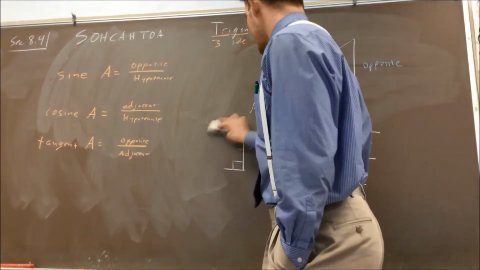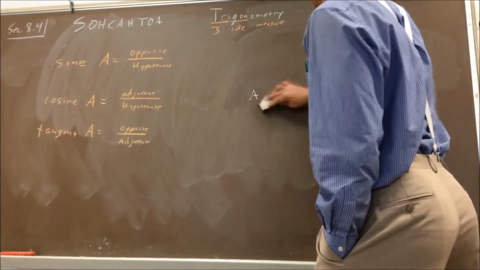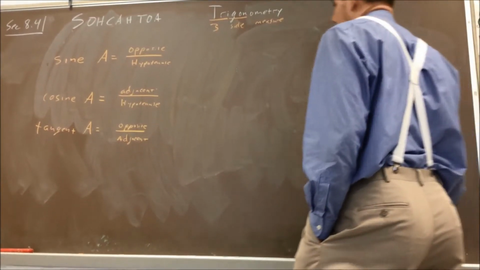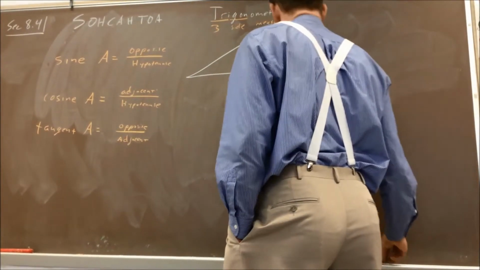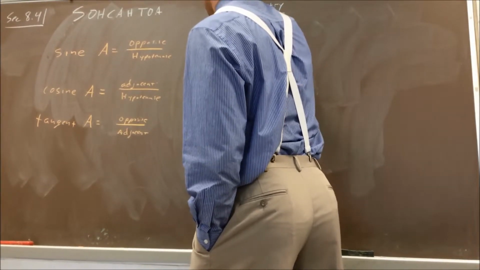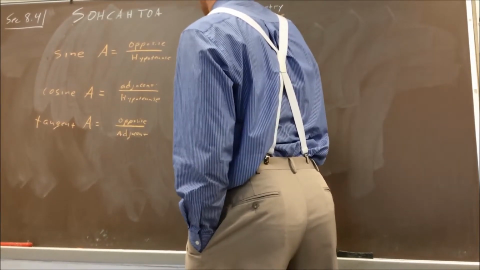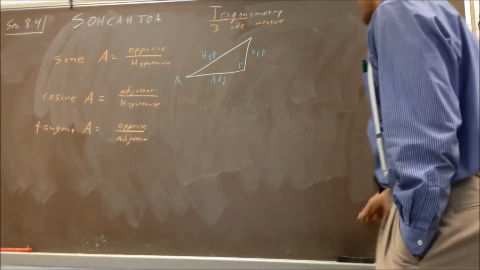All right, I'll give you another one here. This is the opposite. 90, that's the hypotenuse. That's the adjacent. That's angle A. All right, I'm going to throw you a curveball here.